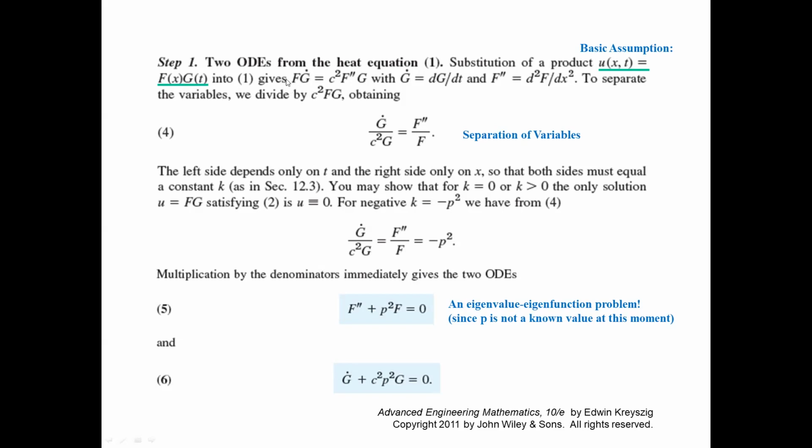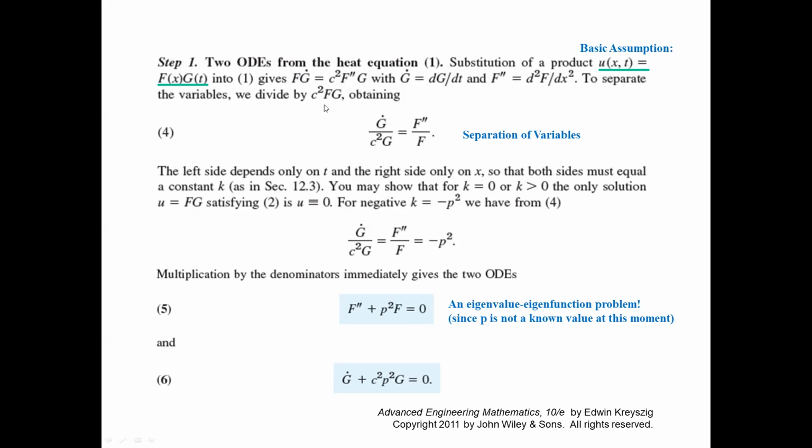F is a factor involving x only. On the right, we have a constant times f double prime. F double prime means second order derivative, actually ordinary derivative, of f with respect to x, times g.